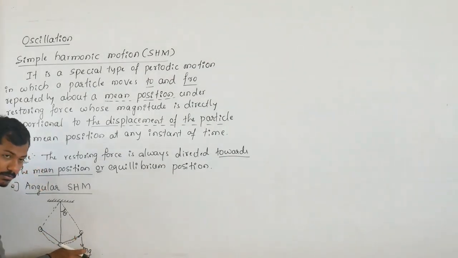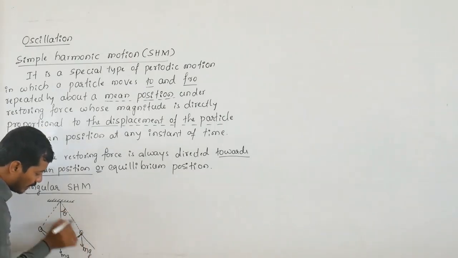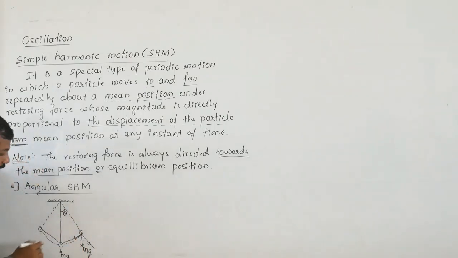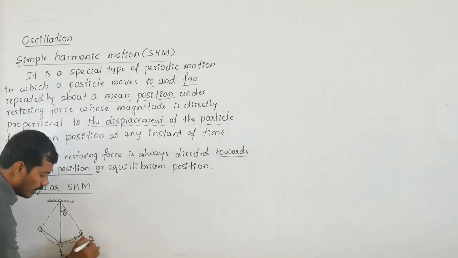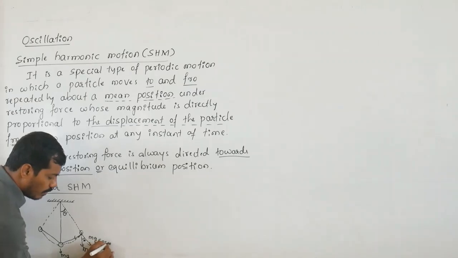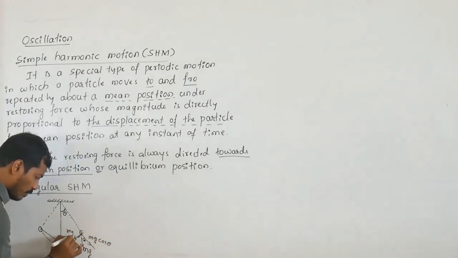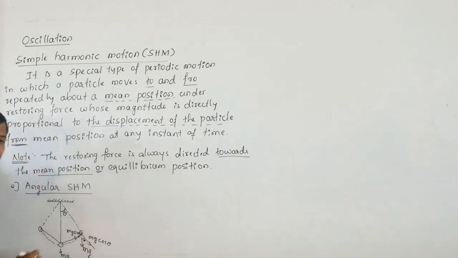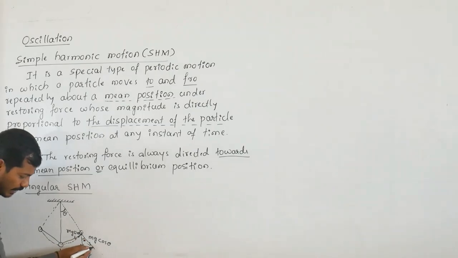One component of mg is here, and another component is along the string. If the angle is theta, this becomes mg cos theta, because it is the adjacent side, and this component becomes mg sin theta, the opposite side.